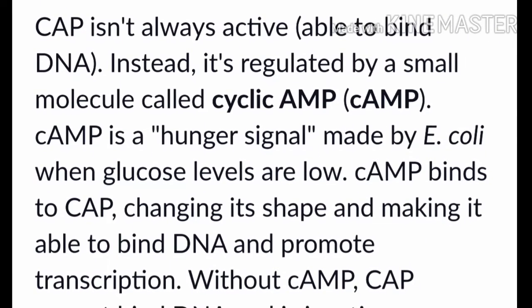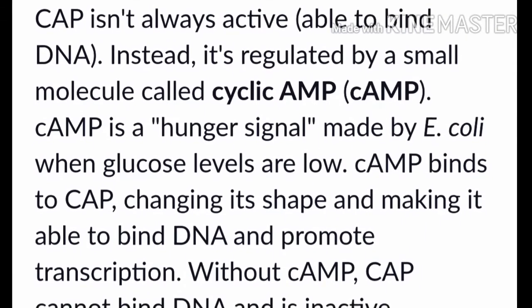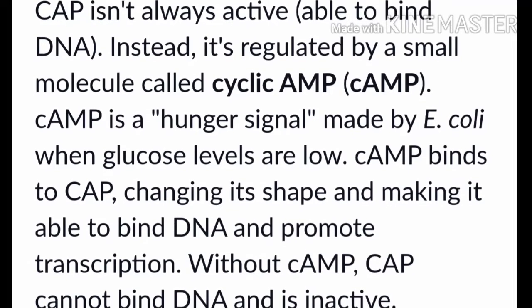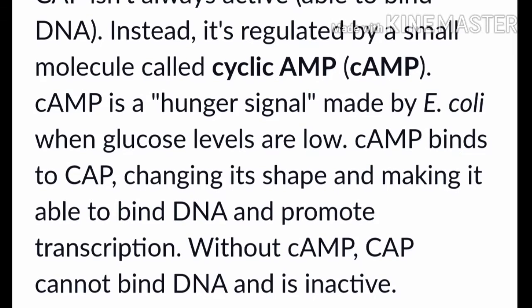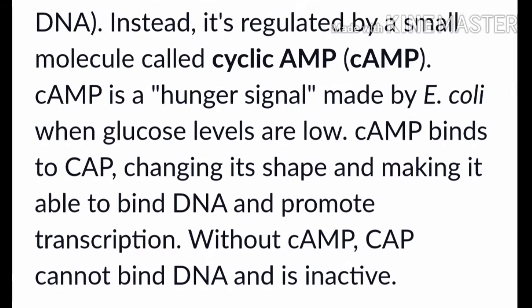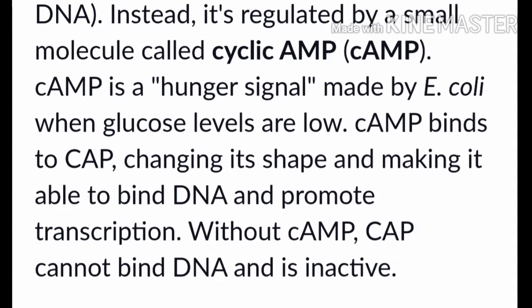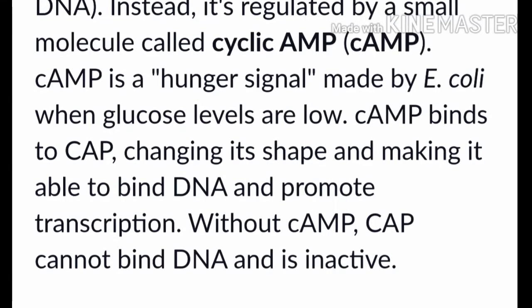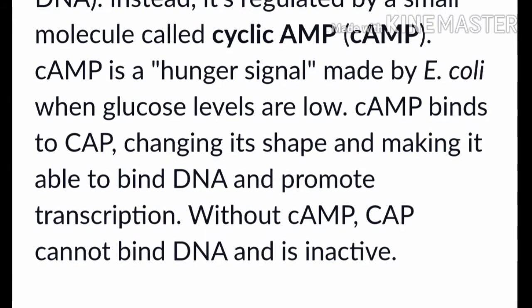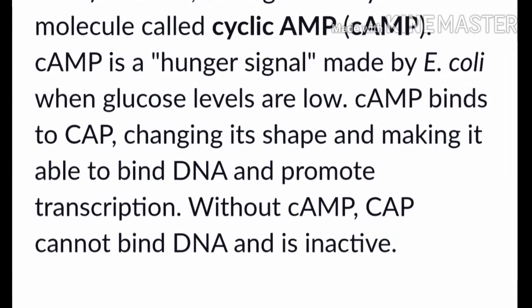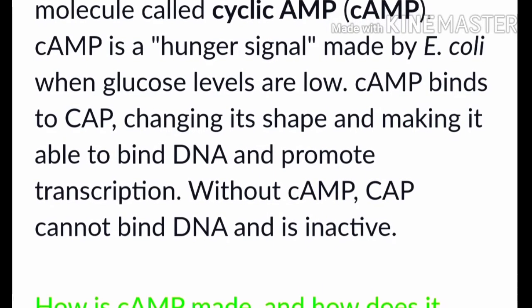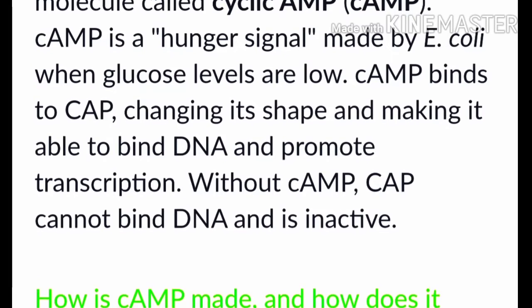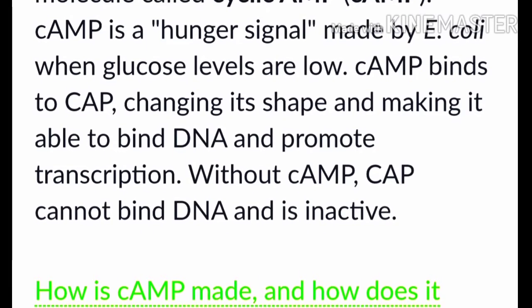The CAP is not always active. Instead, it is regulated by a small molecule called cyclic AMP, or cAMP. Now this cAMP is a hunger signal made by E. coli when glucose levels are low.